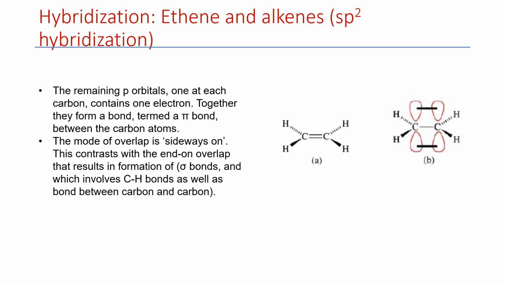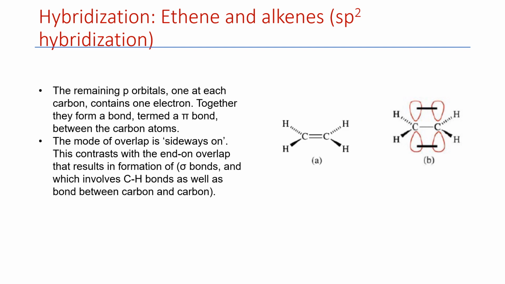The remaining p orbital on both of the carbons of ethene will now overlap with each other to form the other type of covalent bonding, which is called the pi bond. The overlap here will be side to side, in contrast to the end-on overlap that takes place between the sp3 orbitals or sp2 orbitals with the s orbital.